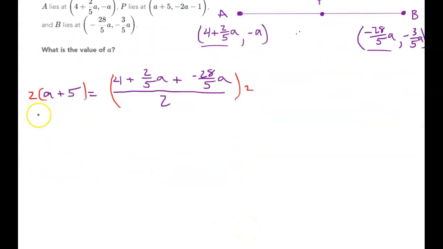Now it just becomes an algebraic exercise. 2 times A plus 5 is 2a plus 10. And over here I get 4 plus 2/5 a minus 28/5 a.